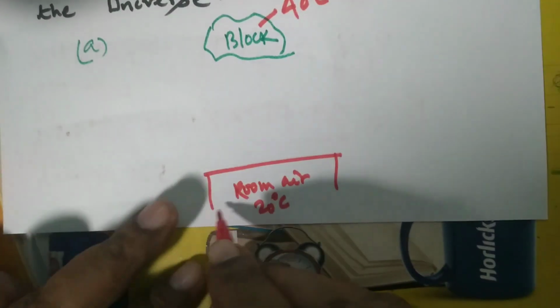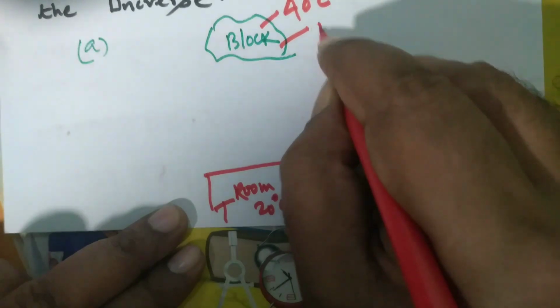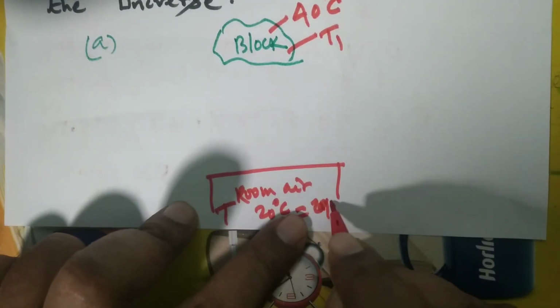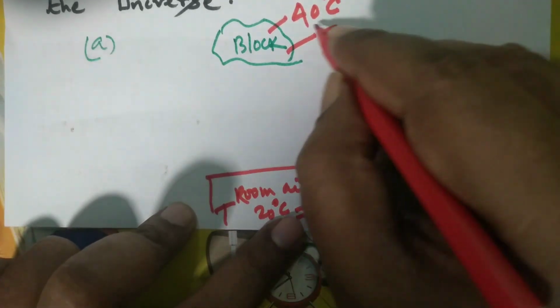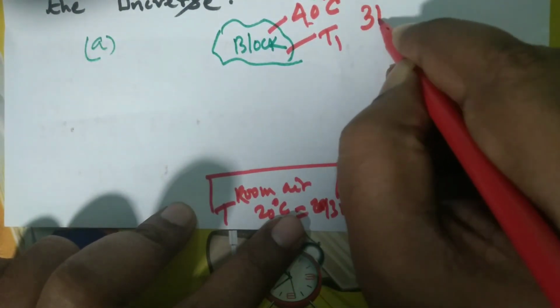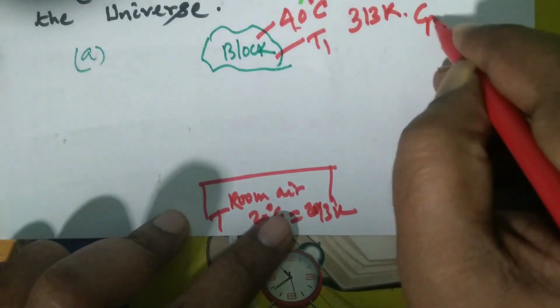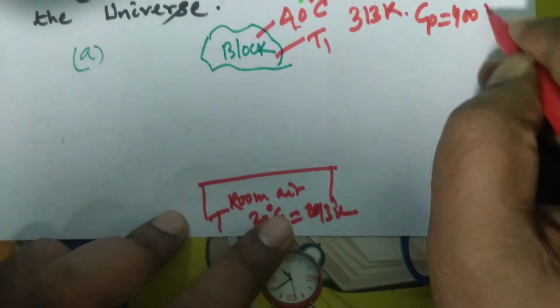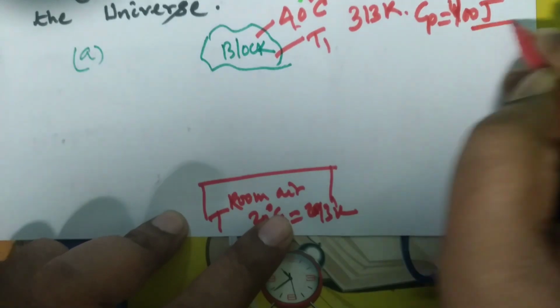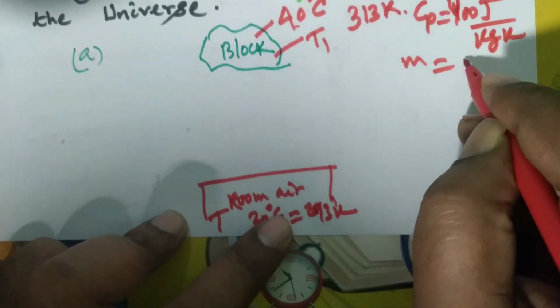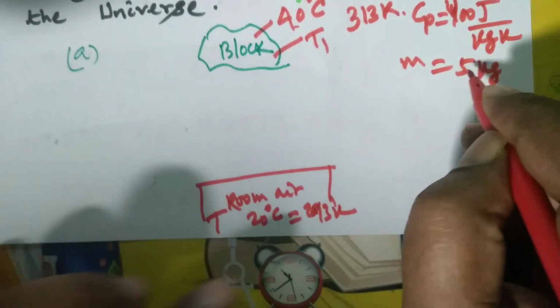Suppose this is your T and this is your T1: 20 degrees Celsius means 293 Kelvin, and 40 degrees Celsius is 313 Kelvin. The Cp value for aluminium is given as 400 joule per kg Kelvin, and the mass of the block is given to be 5 kg.